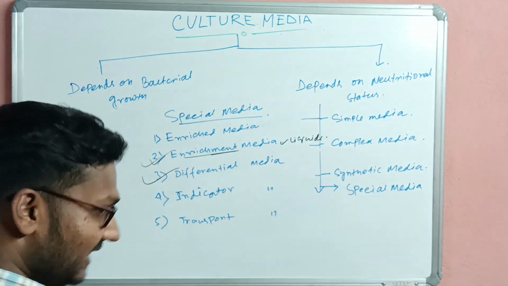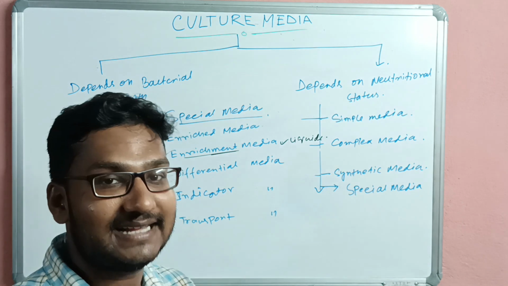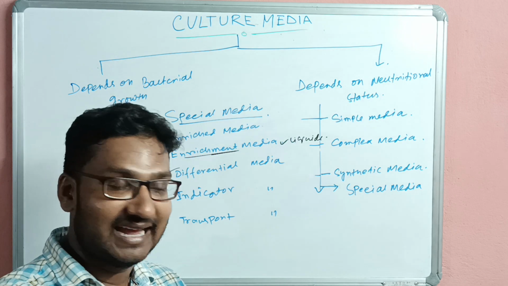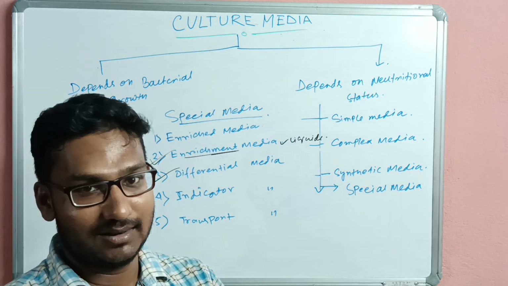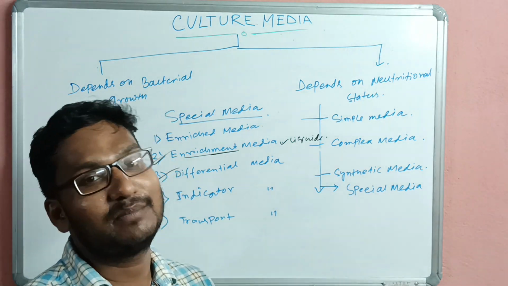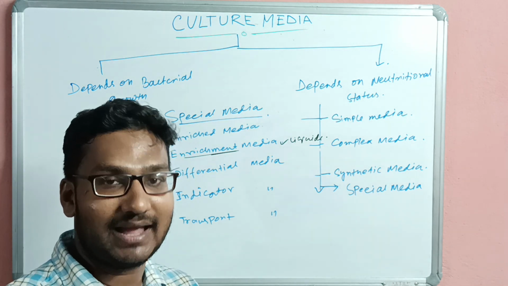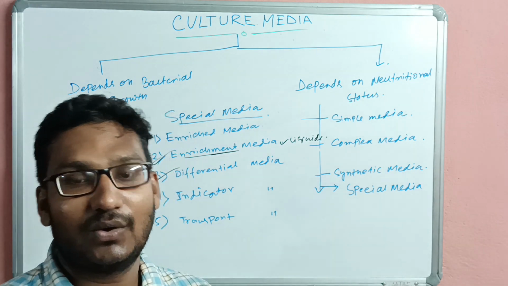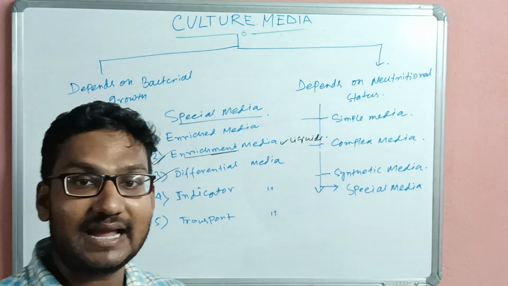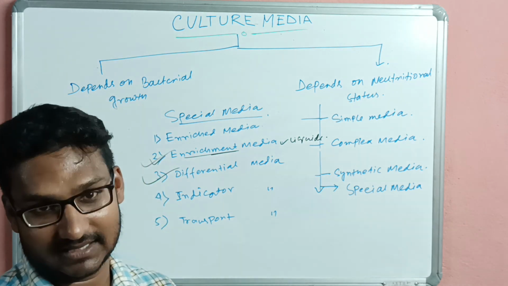Differential media. Differentiate means a special indicator is present which can differentiate between lactose fermenters and non-lactose fermenters. That's why it is called the differential media. One chemical indicator is present. The example is MacConkey agar, with neutral red indicator. When bacteria ferment the sugar, it will produce a pink color. Another is CLED agar, where bromothymol blue indicator is present.